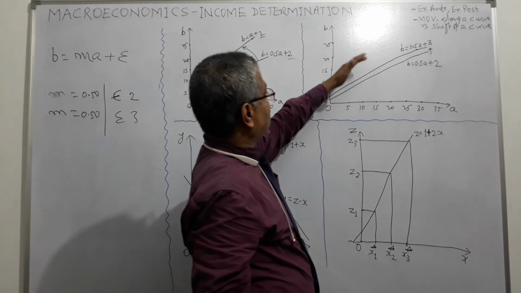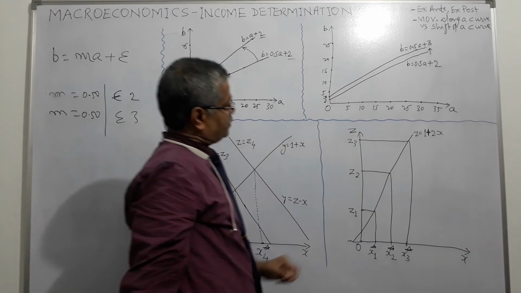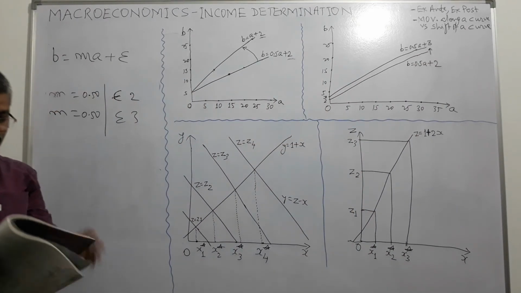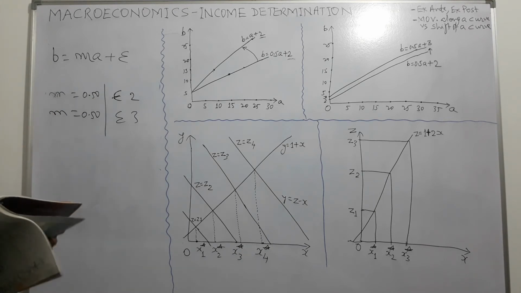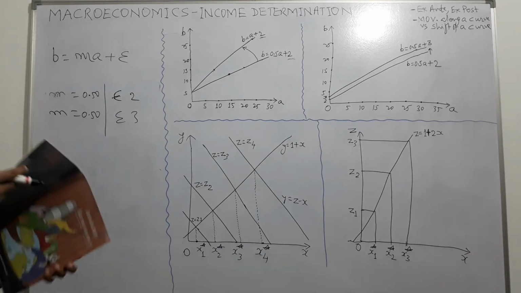It has shifted in parallel as intercept has increased from 2 to 3, right? So this is called parametric shift of a graph. Here we are trying to understand how to read a graph, right?